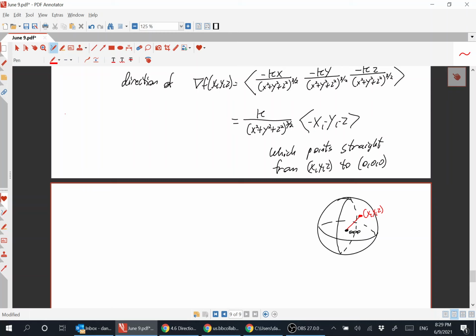So it's a metal sphere that's somehow heated from the center, so it's hottest at the center. So at any given point, you're going to get hotter as you move towards the origin, if that's where the heat source is. Right. So that's the gradient in that direction there.